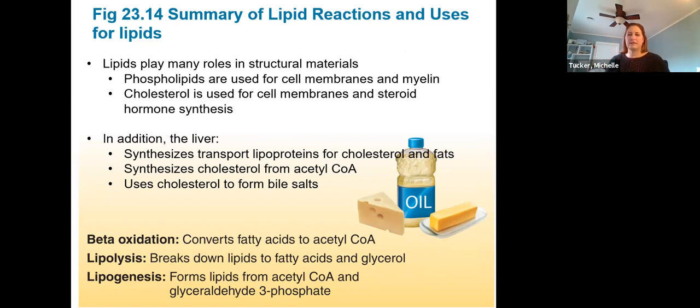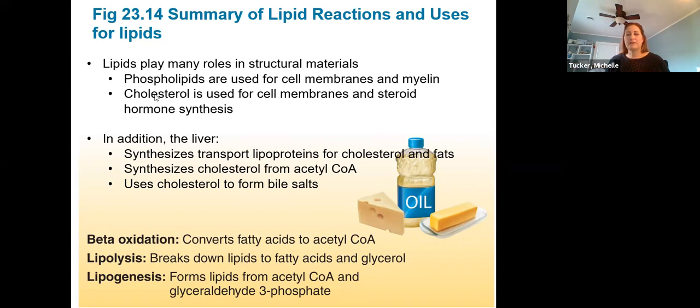So it makes a good material to build that lipid bilayer for the plasma membrane. They're also used in myelin. Phospholipids make cell membranes fluid. Cholesterol makes them rigid because they have a branched tail that gets kind of stuck in there.